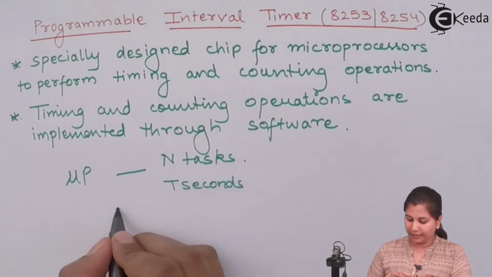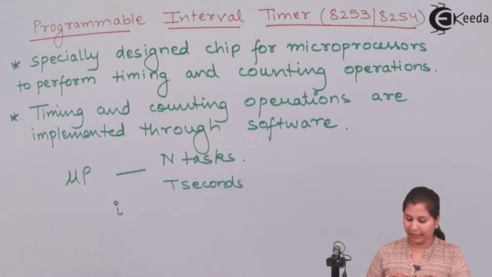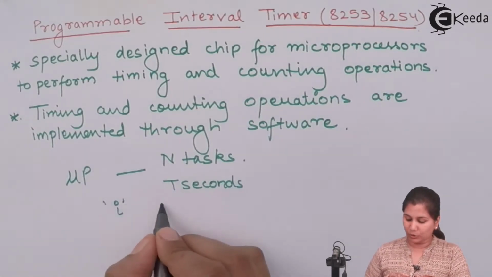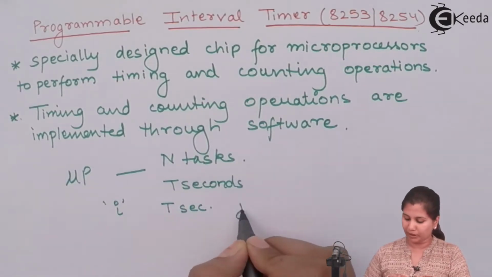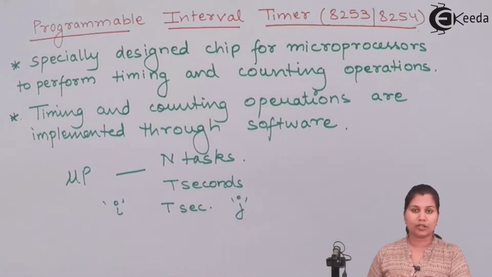So if the first task is i, then the microprocessor is going to take a time delay of t seconds, and then it will perform the second task, suppose j.